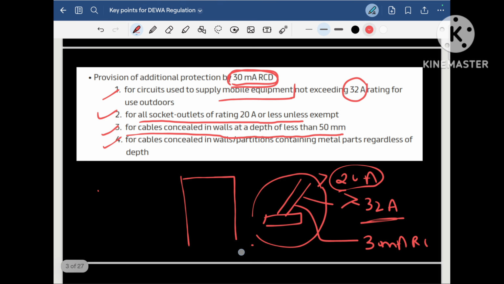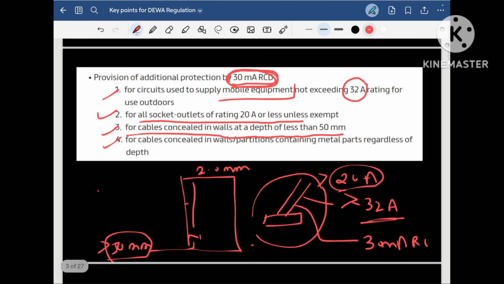Suppose I have a wall of thickness 200 mm, and I have a concealed conduit inside the wall, but the depth of this conduit inside the wall is less than 50 mm. It is not deep in the wall, but just at the edge of the wall. Then in that case we need to protect this wire through a 30 milliampere RCD.